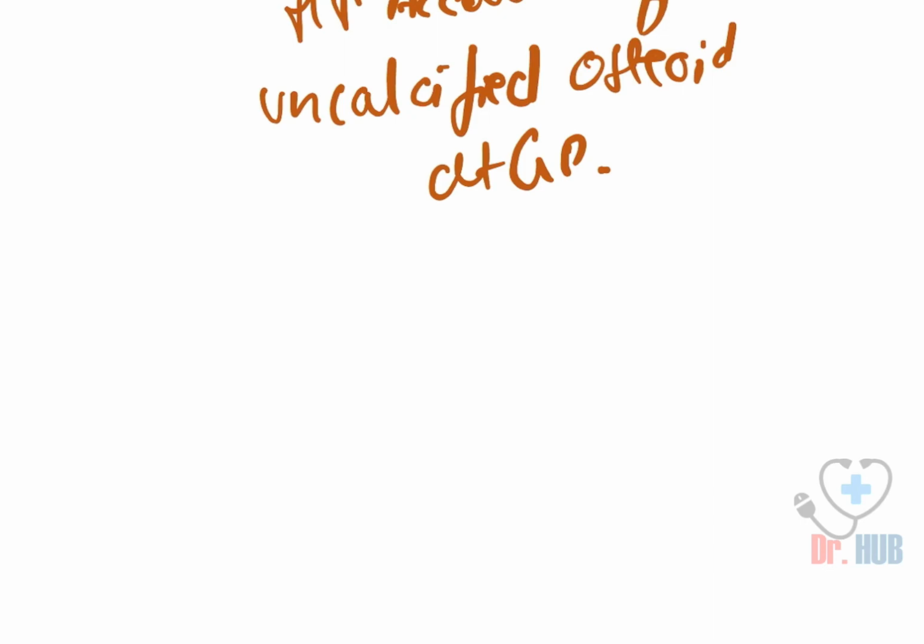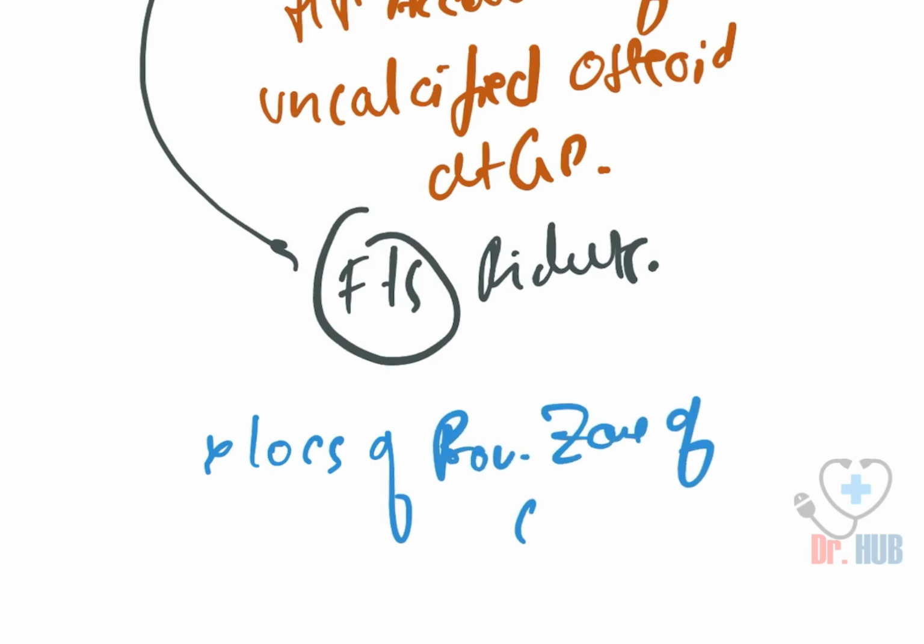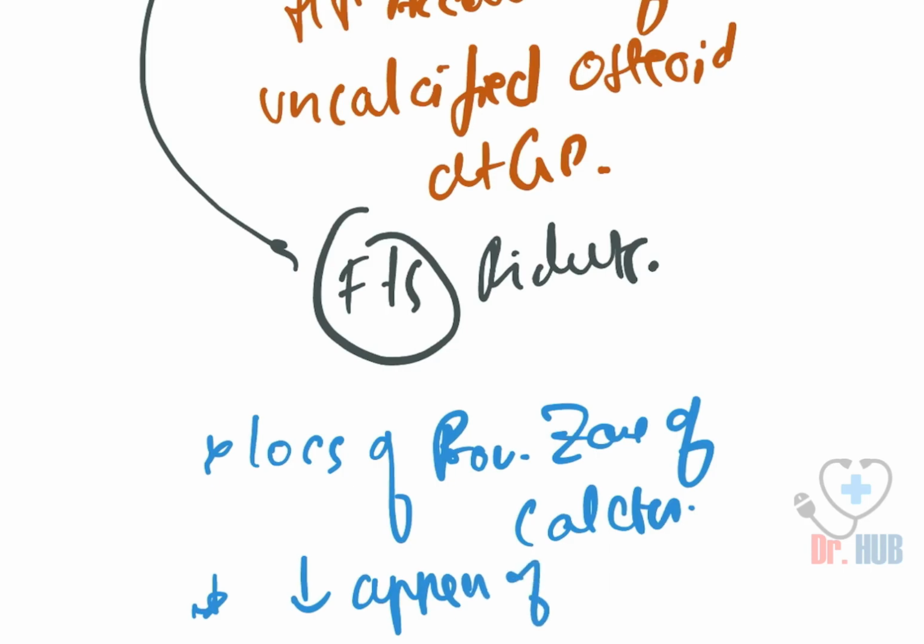So now we are jumping to the third question, where we are asking for the features of rickets, just the headings. Firstly, there is a loss of the provisional zone of calcification. Next, there is delayed appearance of the epiphysis. Next, the growth plate widens.